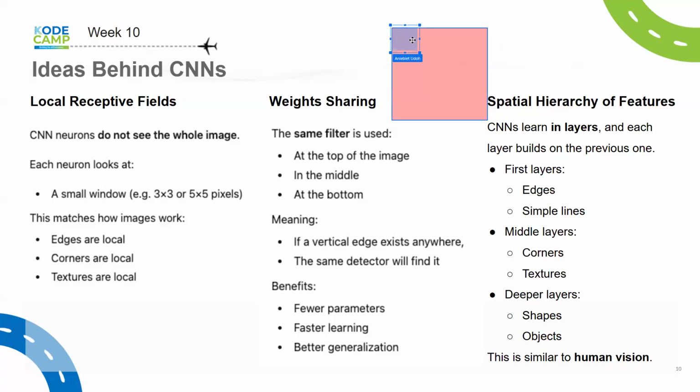Over time, if I'm scanning an edge, you will see that the kernel has a different color on this side of the edge, and on the other side a different color, right? Because it is picking values from the substrate, that is the image itself, and it is calculating differences.